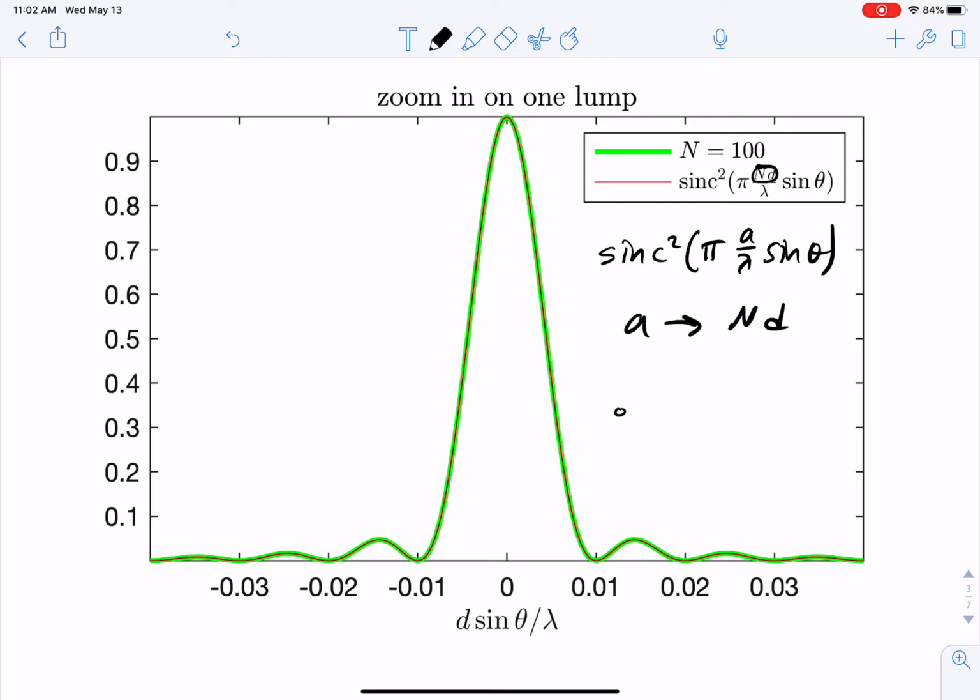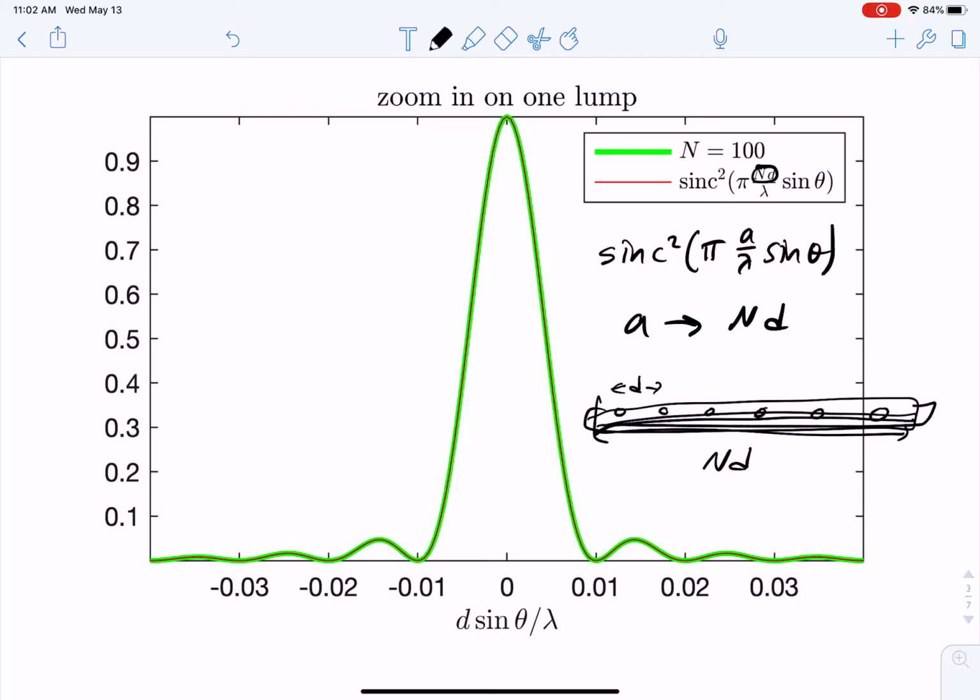So if we think about that, we have this sequence of bars on the butterfly scale. They're each a distance d apart. That was the thing we were holding constant. n is the number of these. So this total distance here is n times d. So the overall, these spikes have the pattern of a single slit, which is equal to the total illuminated area of all those slits.